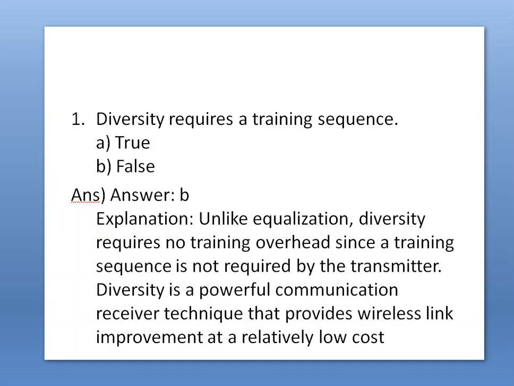A training sequence is not required by the transmitter. Diversity is a powerful communication receiver technique that provides wireless link improvement at relatively low cost. So diversity requires no training sequence in the channel, because it is a more efficient method to remove fading at low cost.